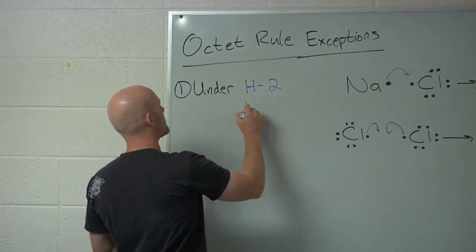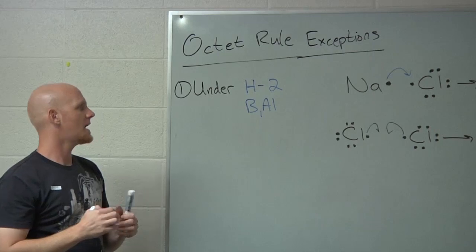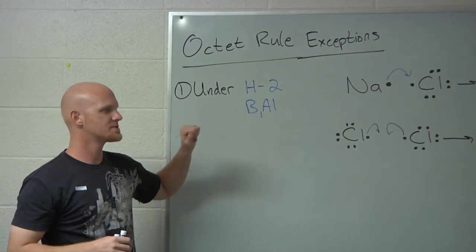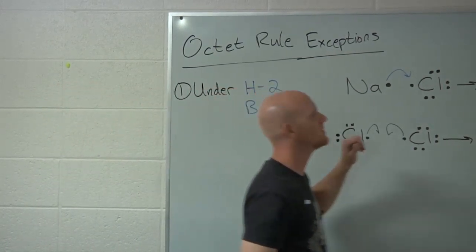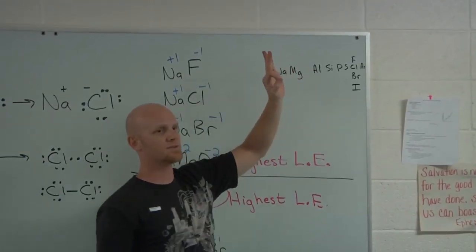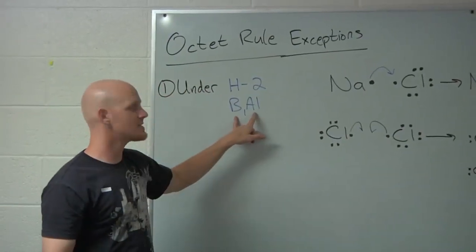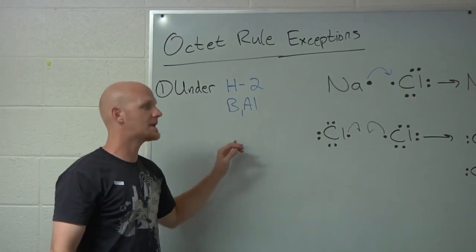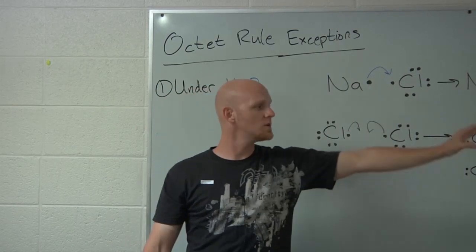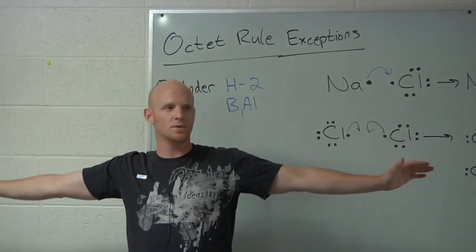You'll see boron and aluminum thrown into the mix here. How many valence electrons does boron have? I wish I had a periodic table here. Sodium, magnesium, aluminum has 3 valence electrons. So does boron. Boron's right above it on the periodic table. Having 3 valence electrons, they're like, I'll share one of them with you, and I'll share one with you, and I'll share one with you.